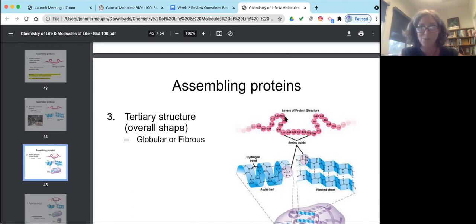It codes for the sequence of amino acids. So if you have a mutation in your DNA and that DNA is part of a gene that codes for a specific protein, then what can happen is you can end up with the wrong amino acid sequence, and that leads to the formation of a protein that's the wrong shape that doesn't do its job.